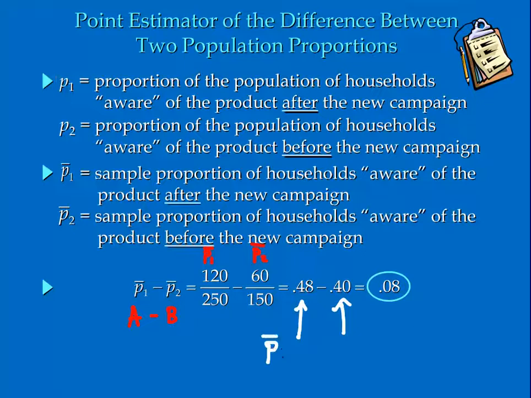The thing we are interested in is the difference between these two numbers. How much of an increase was there? This was the difference, 0.08, 8% essentially. That's their estimated increase.